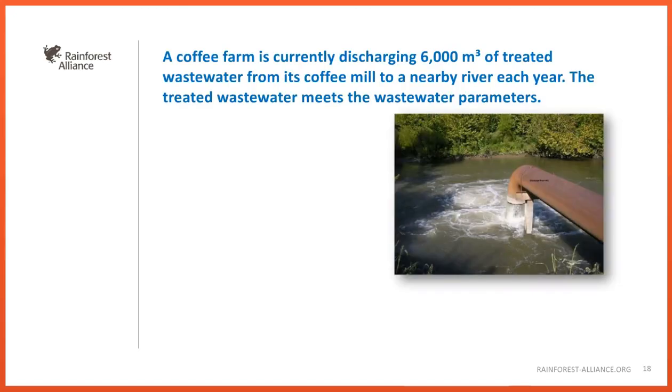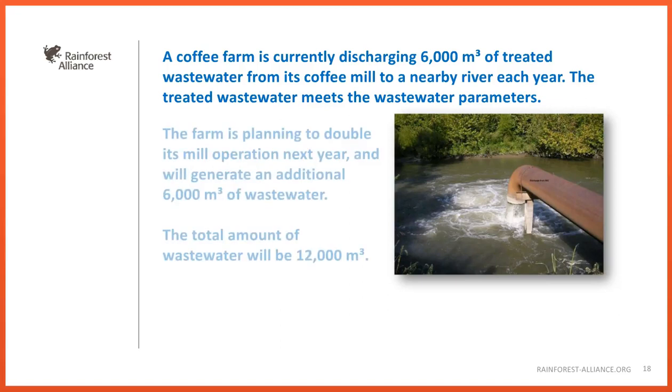Next quiz. A coffee farm is currently discharging 6,000 cubic meters of treated wastewater from its coffee mill to a nearby river each year. The treated wastewater meets the SAN wastewater parameters. The farm is planning to double its mill operation next year and will generate an additional 6,000 cubic meters of wastewater. The total amount of wastewater will be 12,000 cubic meters.